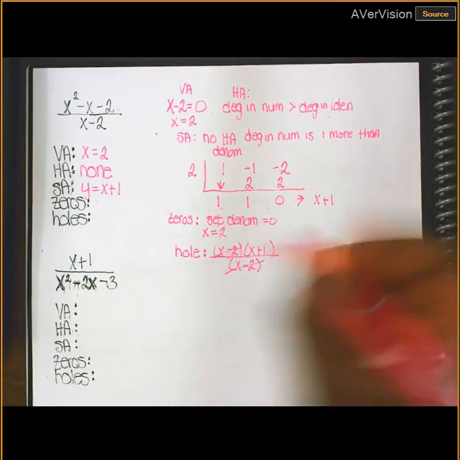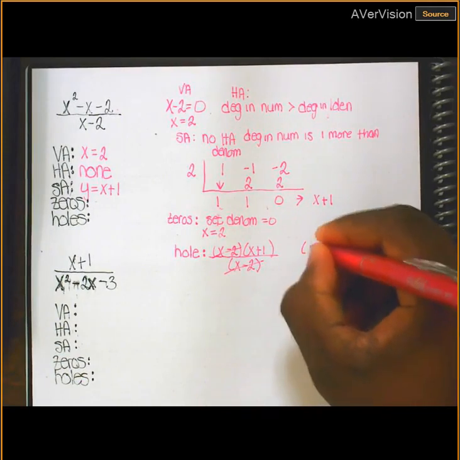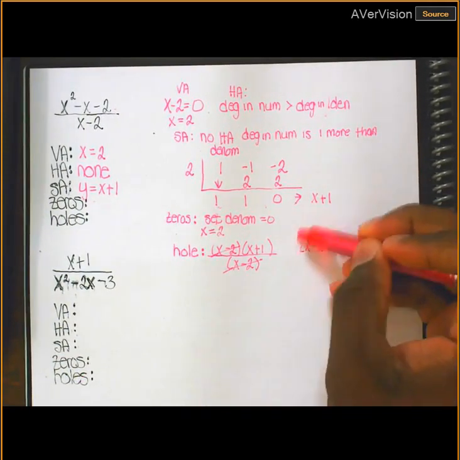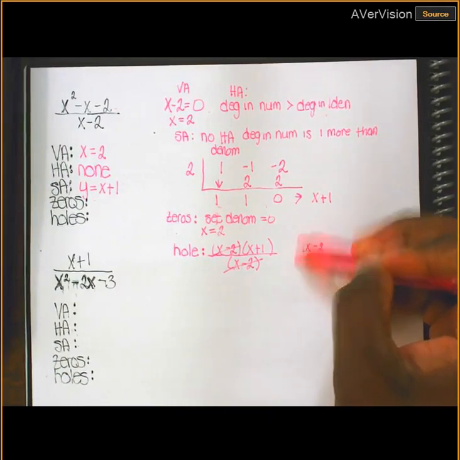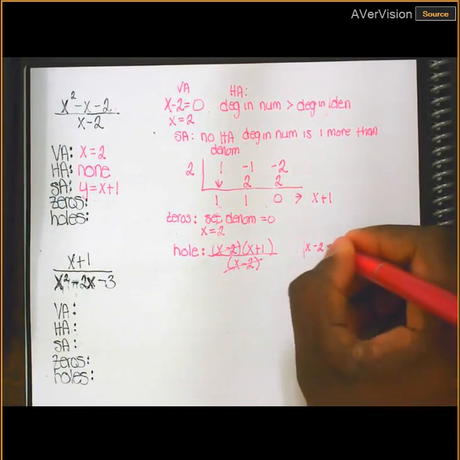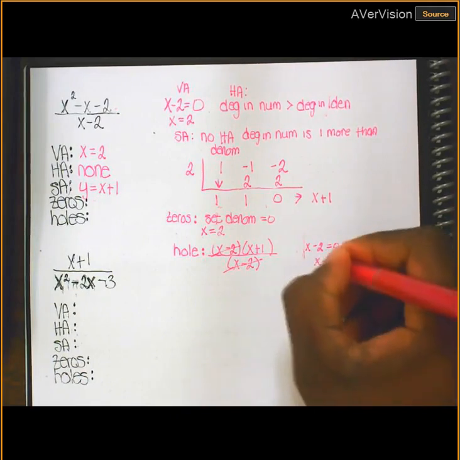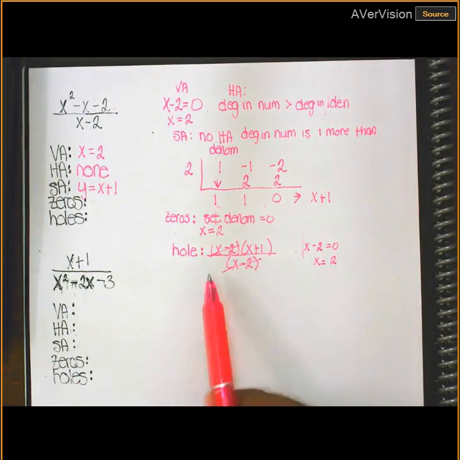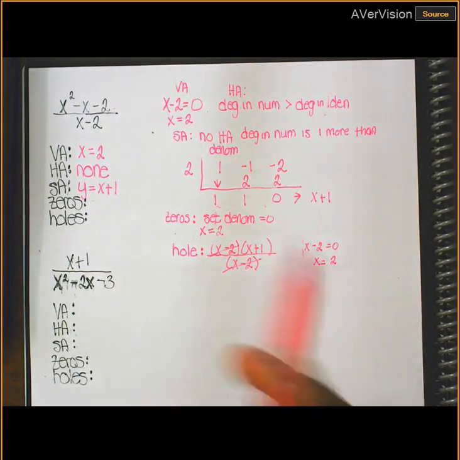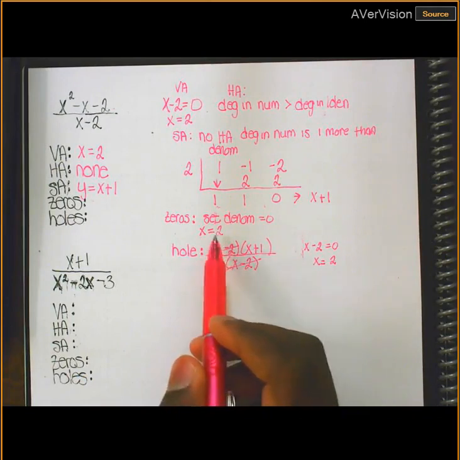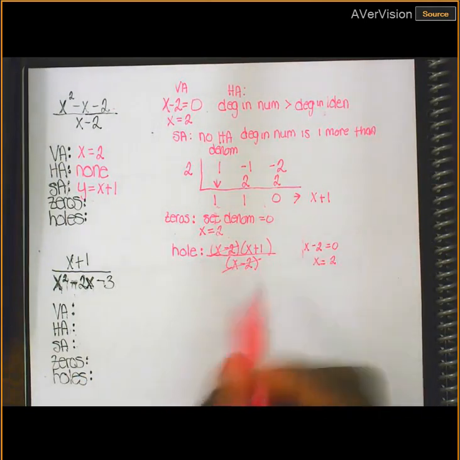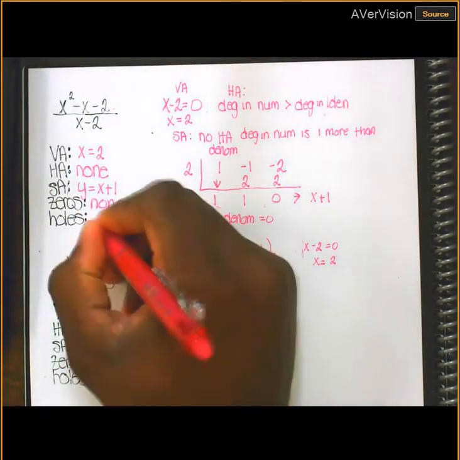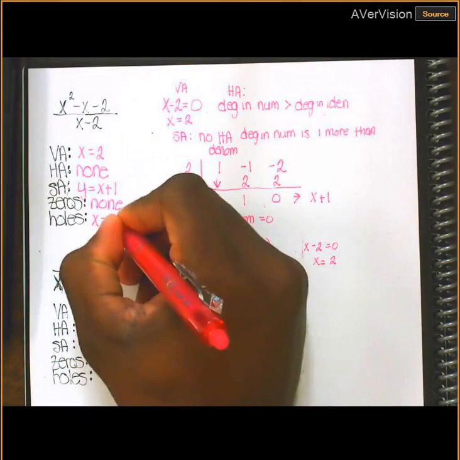Yeah, so since we canceled out x minus 2, we have a hole at x equals 2. So we have a hole at x equals 2, and we had a 0 at x equal to 2. The hole overpowers it, so we actually do not have any zeros. But we have one hole.